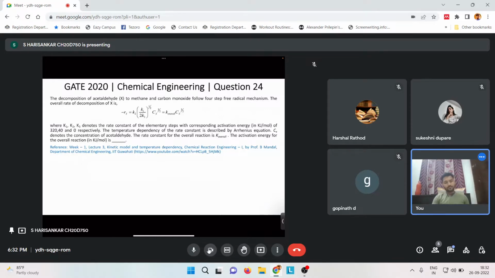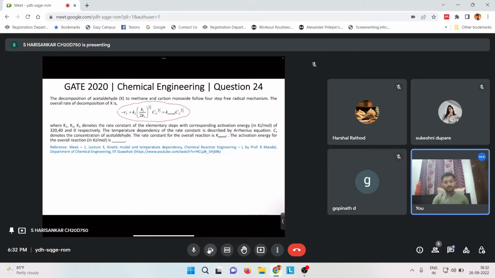Okay. So here they have given us a rate equation. In this rate equation, they have said that this reaction happens in a four-step free radical mechanism, and this rate equation has three rate constants K1, K2 and K3, and which is denoted as K overall as well.